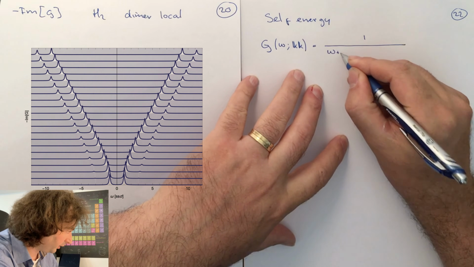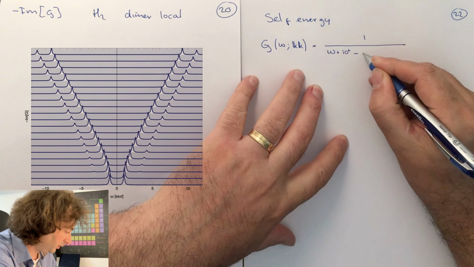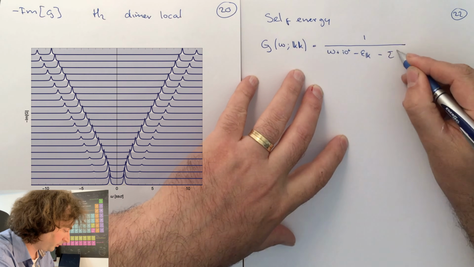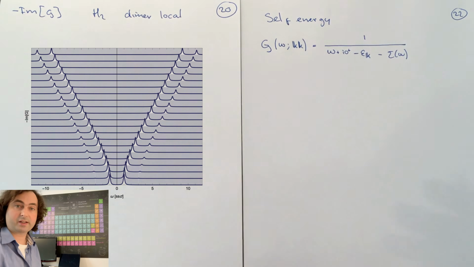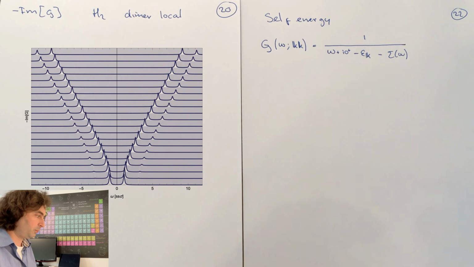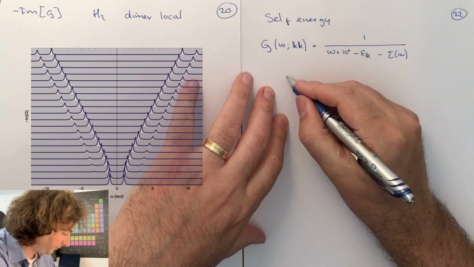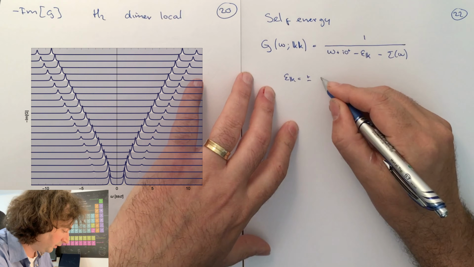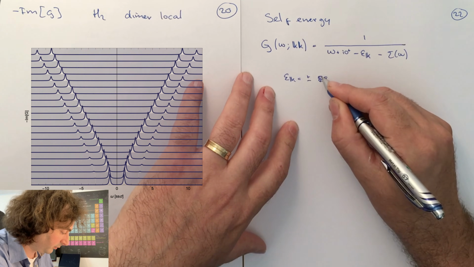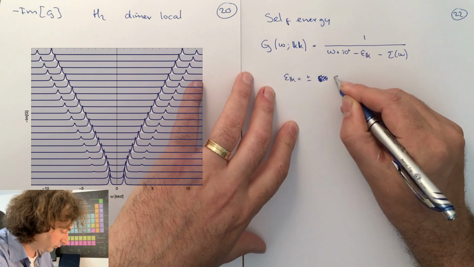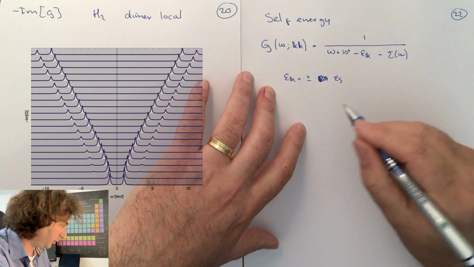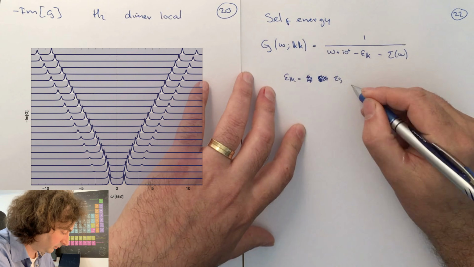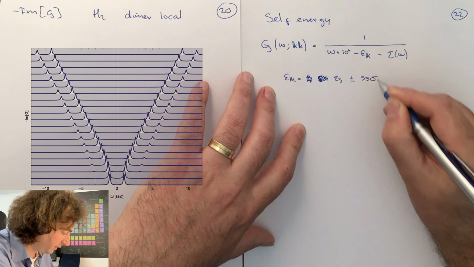We can write this as the bare Green's function without Coulomb interaction plus some self-energy, where the self-energy now gives how your system is modified because of the Coulomb interaction. We know that without Coulomb interaction, the energy is given by the on-site energy, epsilon s, plus minus ss sigma.